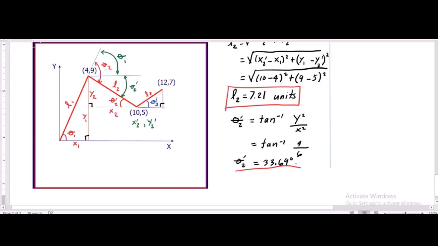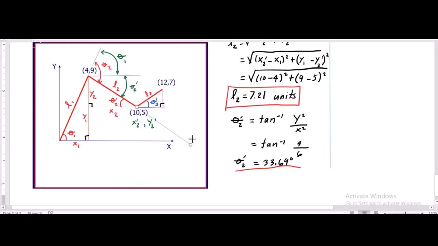And where is the theta 3? For the theta 3, you need to extend the L2. You extend or project a line along L2. So just draw a line, extend it.